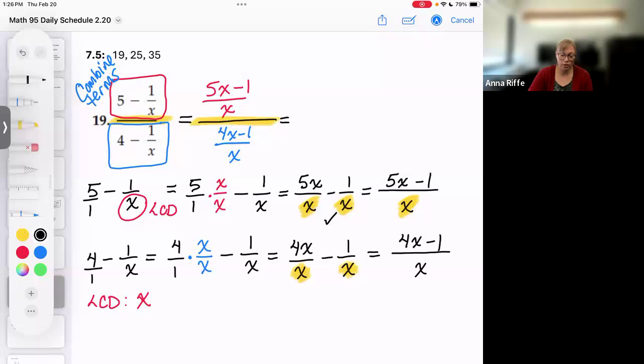So the top fraction we keep, 5x minus 1 over x. The division turns to multiplication. And then the bottom fraction, we write the reciprocal. So instead of 4x minus 1 over x, it's x over 4x minus 1. We flip the fraction.